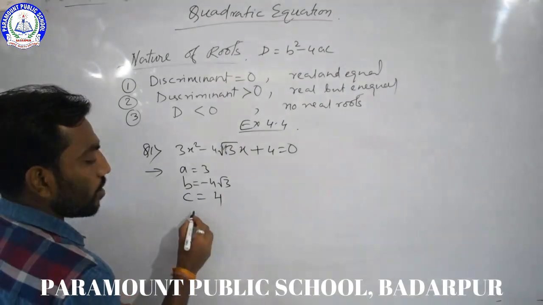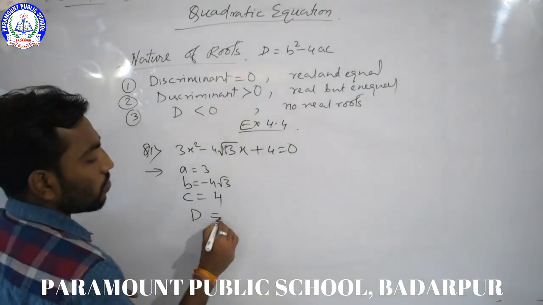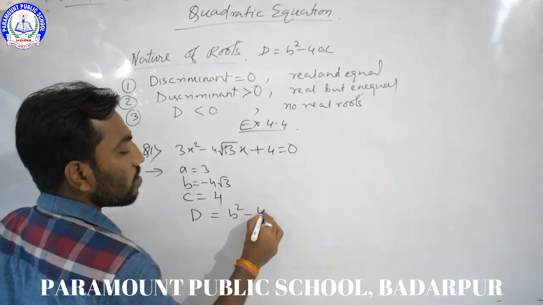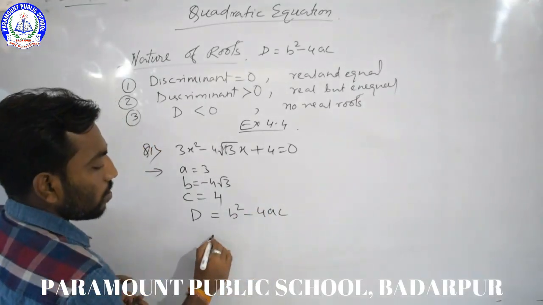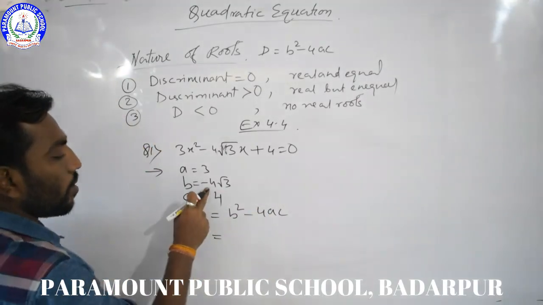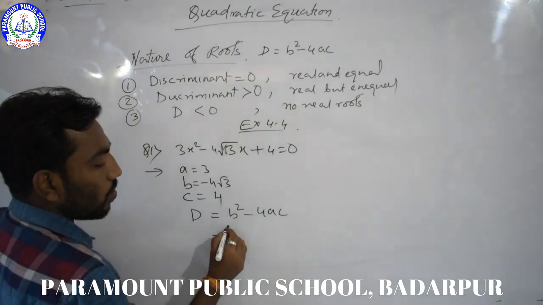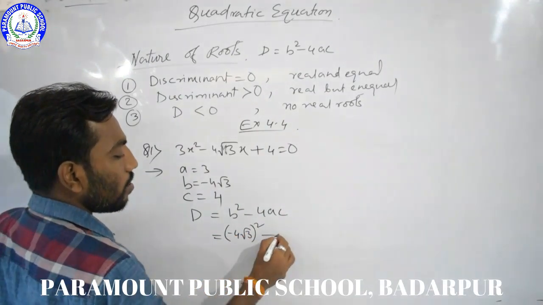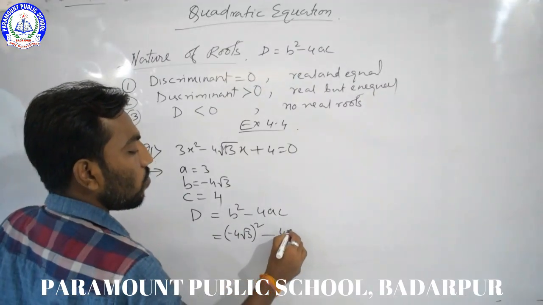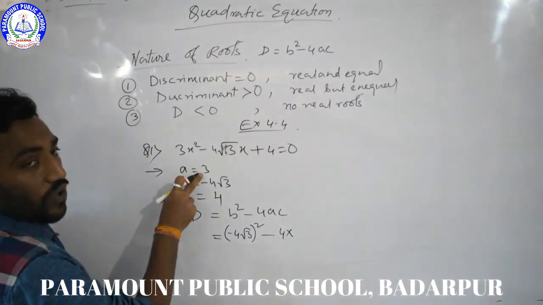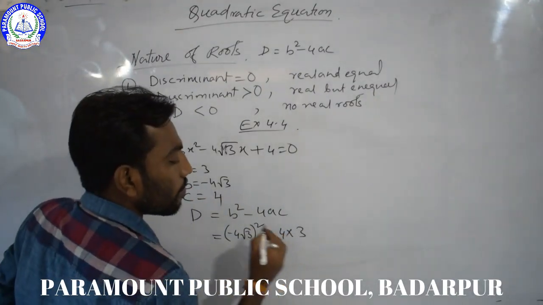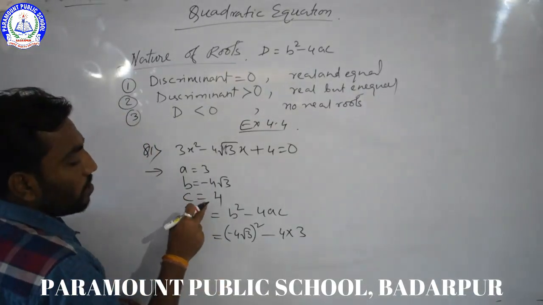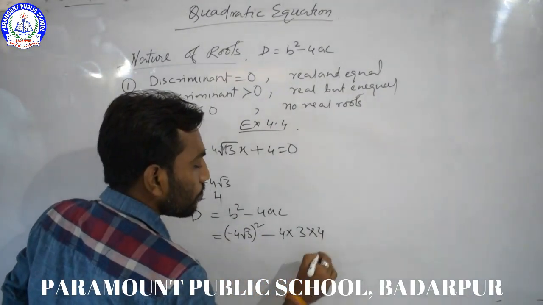So what is the discriminant formula? D is equal to b square minus 4ac. So our b value is minus 4 root 3 whole square, minus 4 into our a value, which is 3, and our c value is 4.